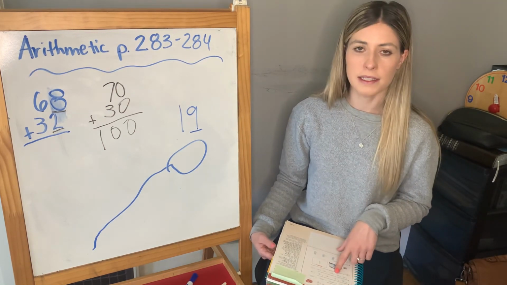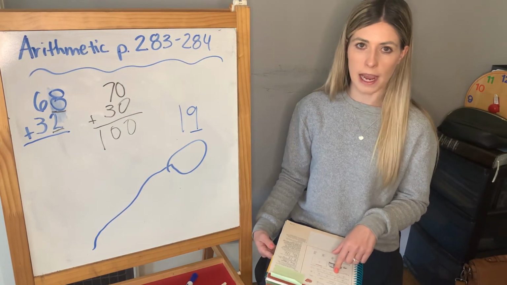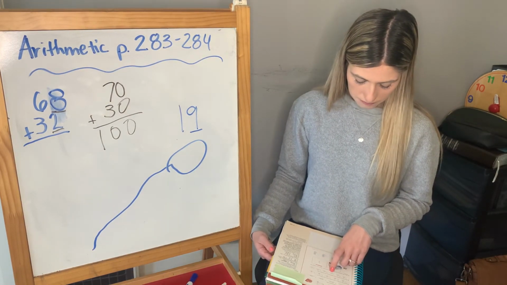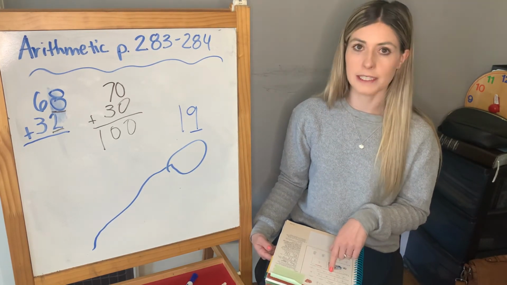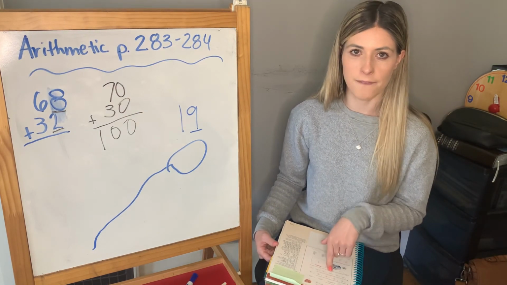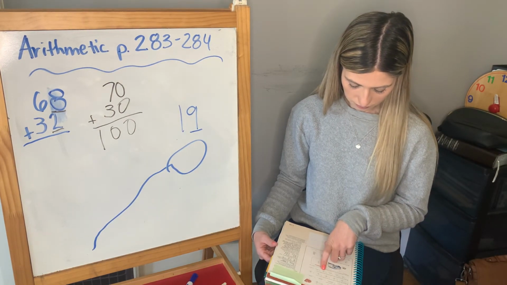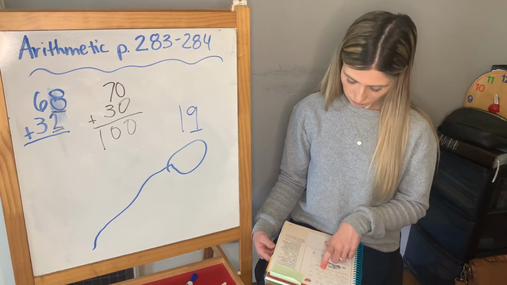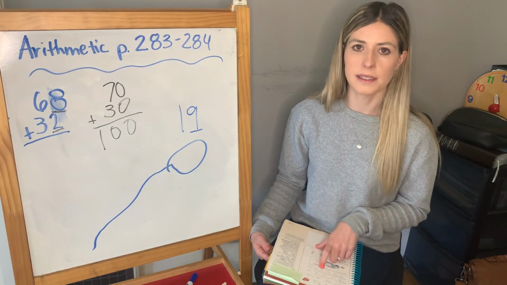B, 10 divided by 2. C, 30 divided by 5. D, 6 plus 8.